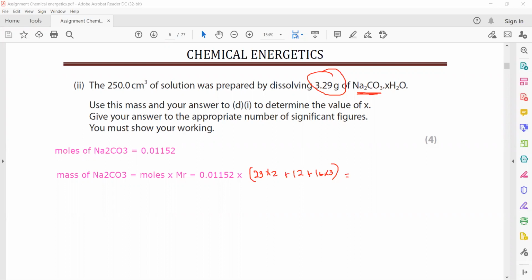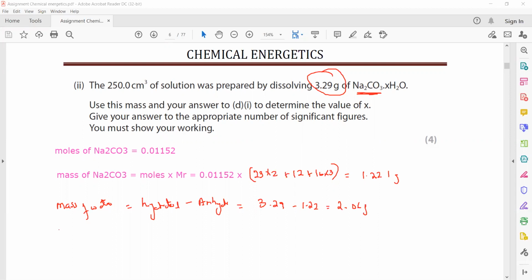So this multiplication will give us the actual mass of sodium carbonate, which will come out as 1.221 grams. Now to get the mass of water of crystallization, we take the hydrated salt minus the anhydrous to get the mass of the water. So mass of hydrated, in the question it is given 3.29, minus mass of anhydrous, that is 1.22. So this will give us the mass of water as 2.06 grams.